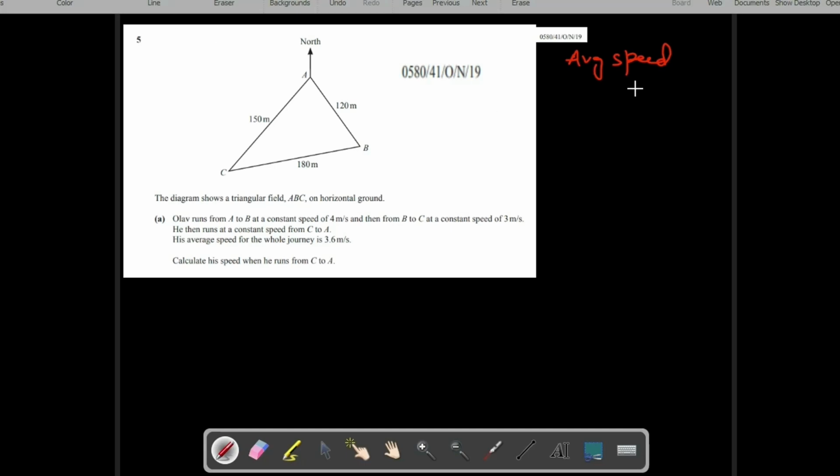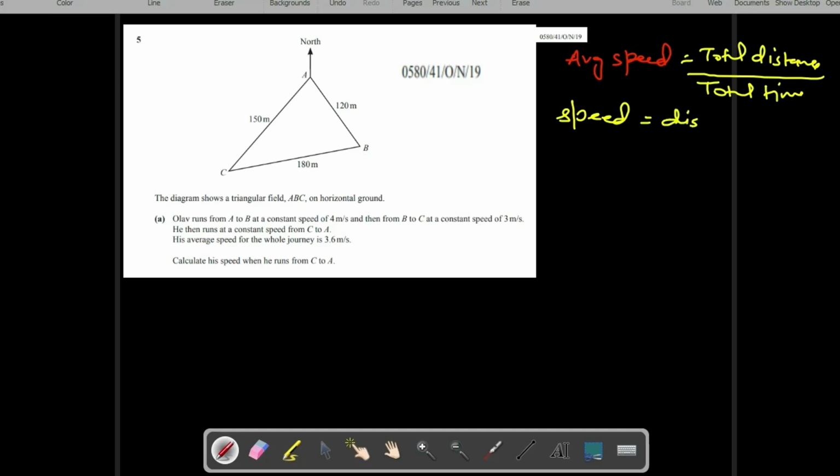Average speed is always going to be total distance upon total time, and speed is going to be distance upon time. These are the two things we need to remember. Now use this concept in order to solve this question.